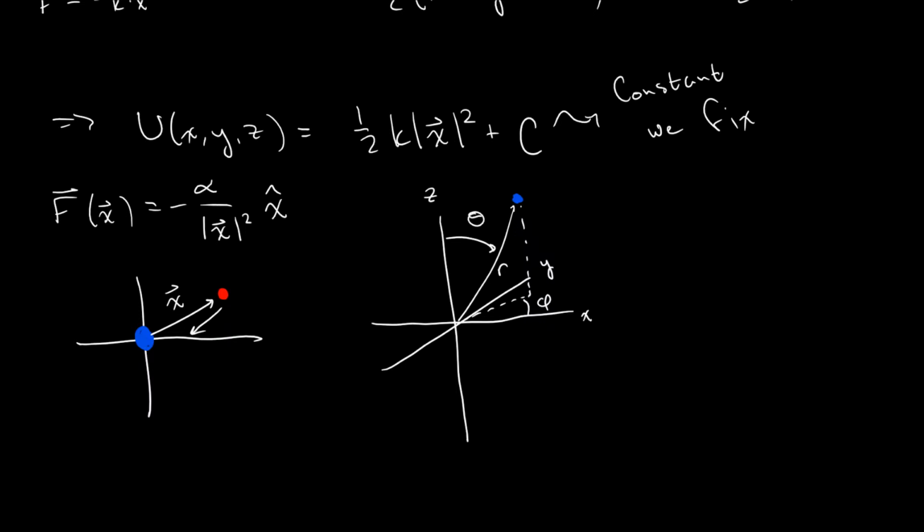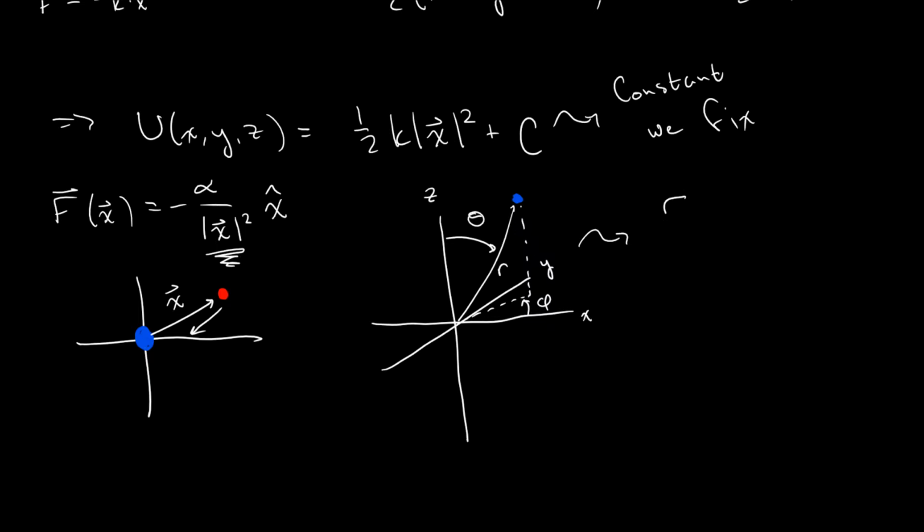Okay, so this all gets a little bit messy pretty quick when we're using spherical coordinates. It comes in handy, but in this particular case, we can see that it's only ever going to depend on our position vector, which means that we only ever care about what's happening in the r direction.